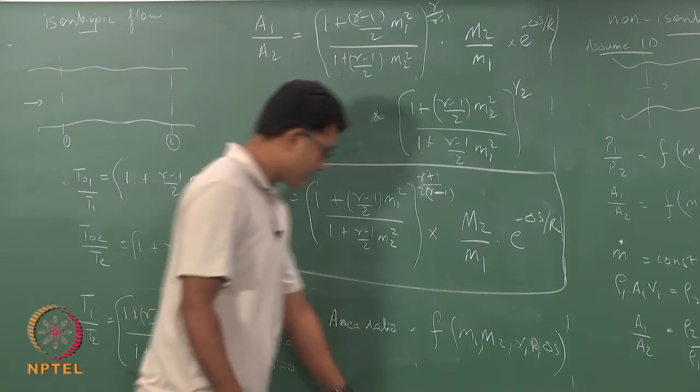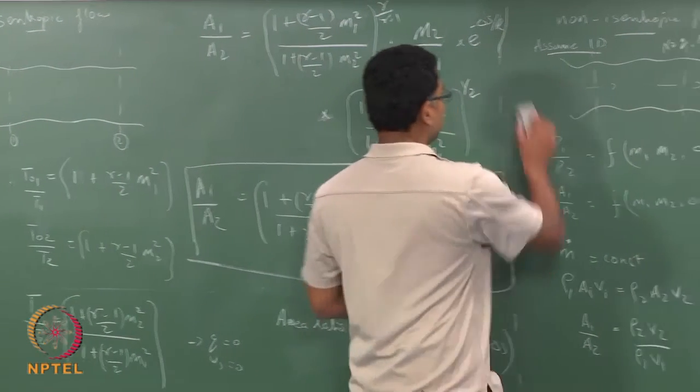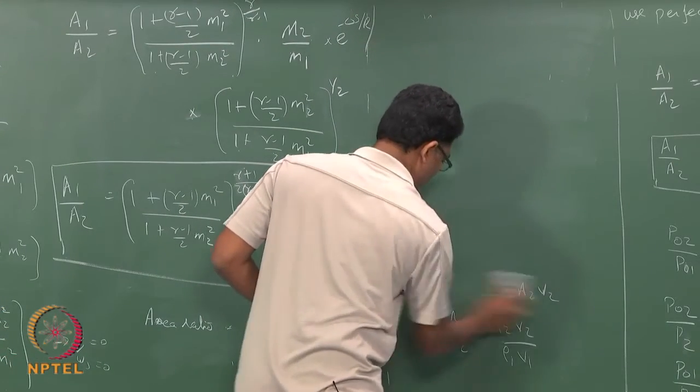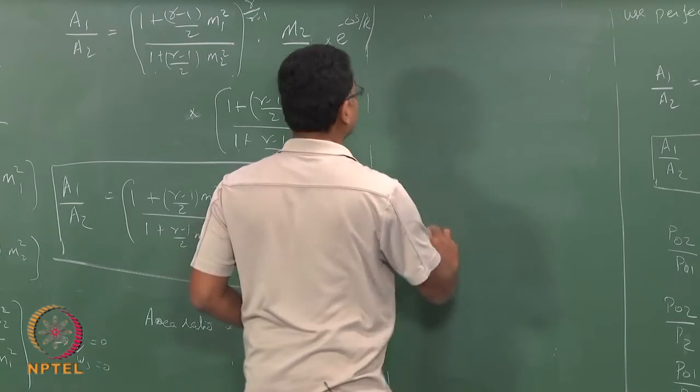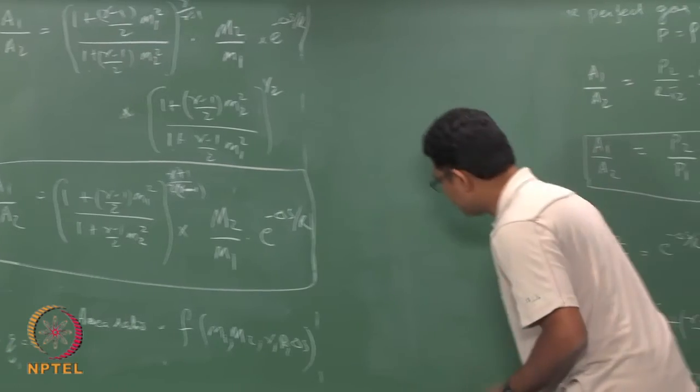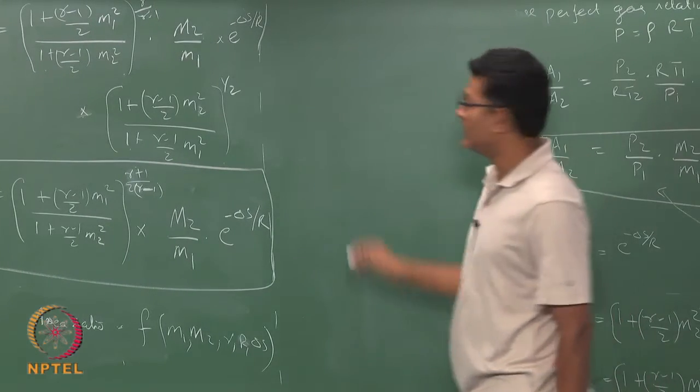So, if this is the area ratio, you can try to see if there is a reference quantity with this.